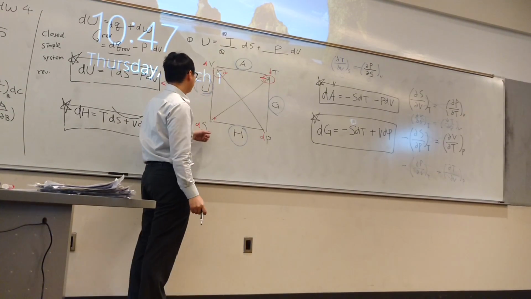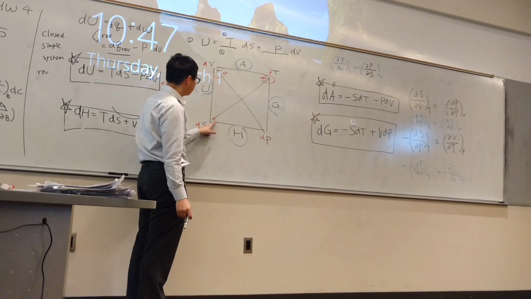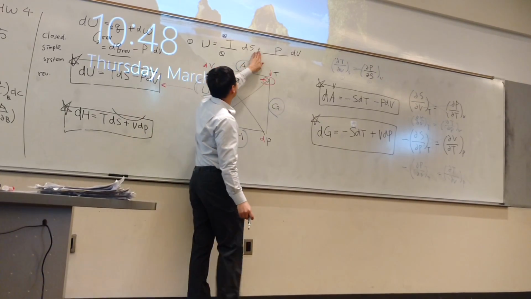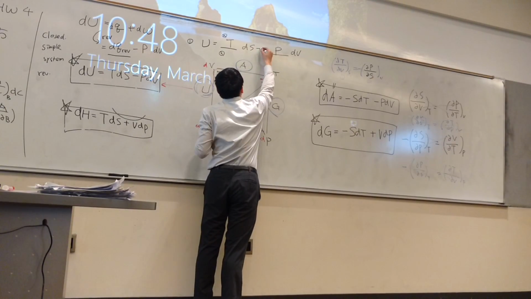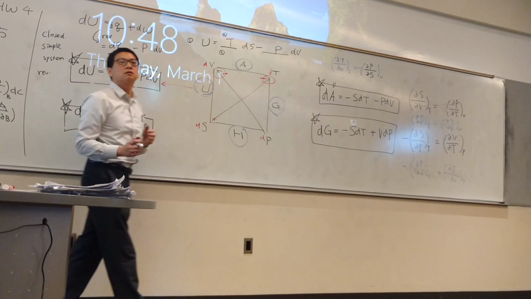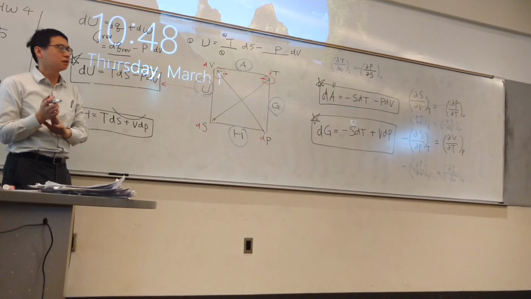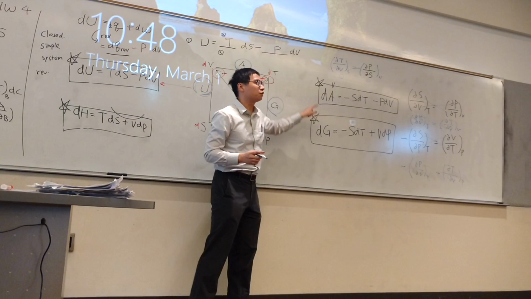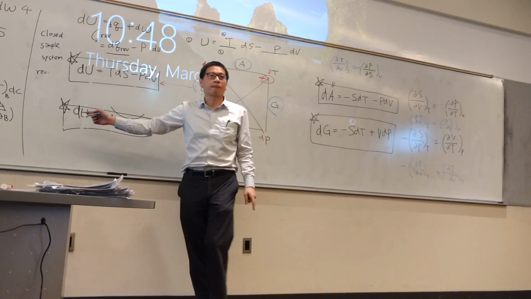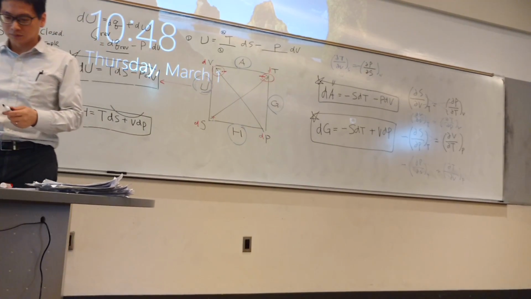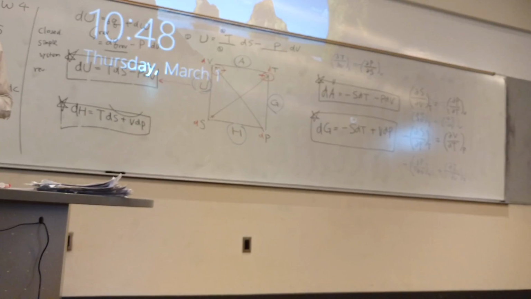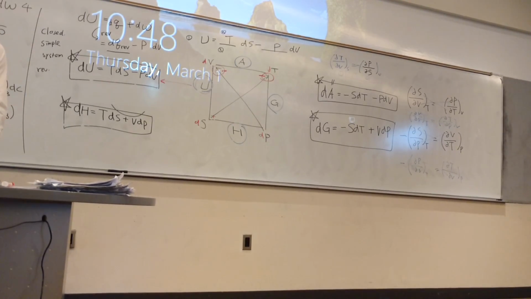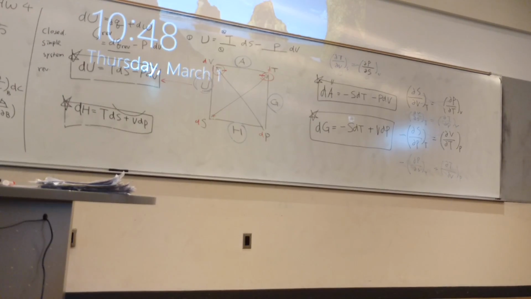The dS term is positive, the dV term is negative, so here should be a negative sign. Clear? You can do exactly the same thing for the other three, and generate these four equations. Now you know how to generate these four equations. How about the other 16?